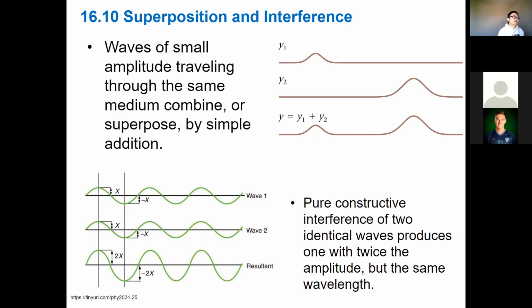For example, wave 1 is y1 equals a function of x, and wave 2, y2, is a function of x as well, but different, or might be the same. When the two meet, you simply add the two up. The resultant wave will be equal to the algebraic sum of wave 1 plus wave 2.